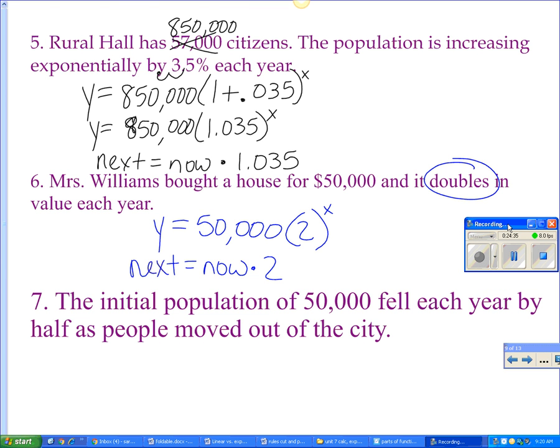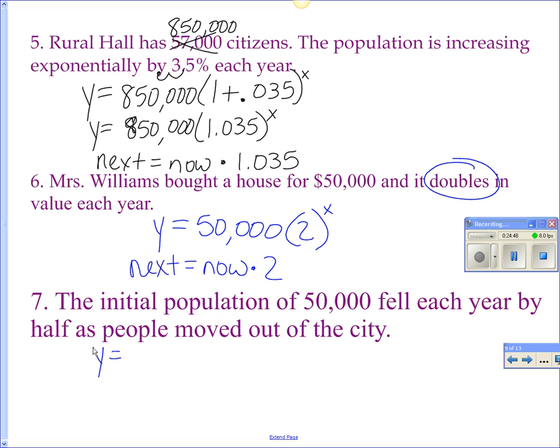All right, number 7, the initial population of 50,000 fell each year by half as people moved out of the city. All right, Stephen R., what's my starting value? On number 7? So I've got 50,000 people. Zach, what's happening to the 50,000 people?